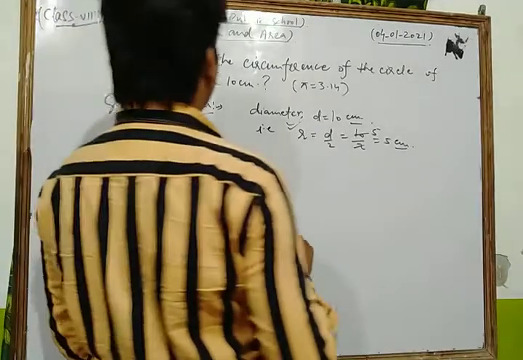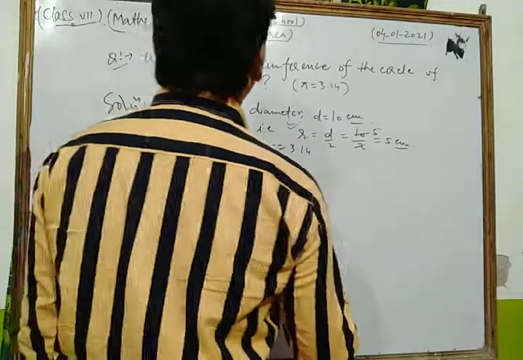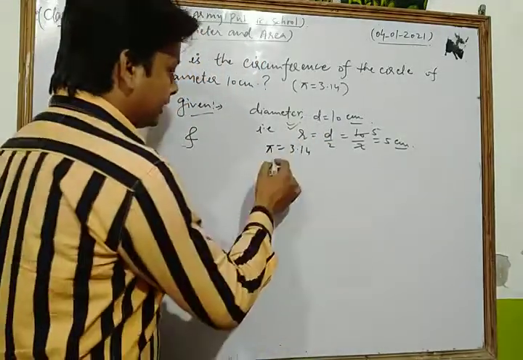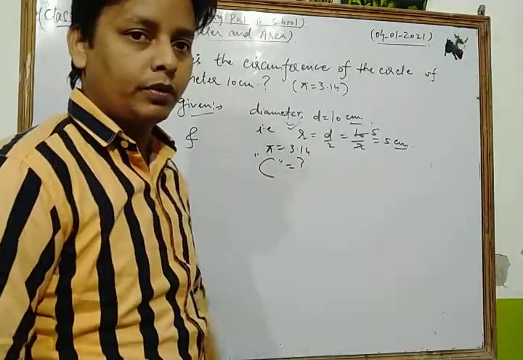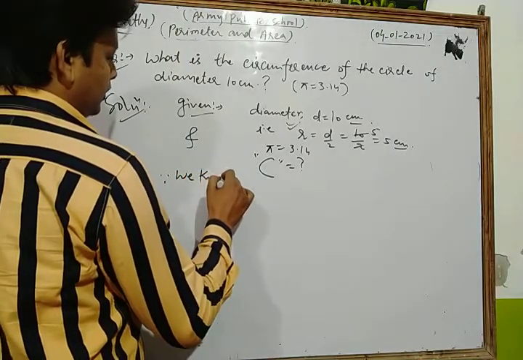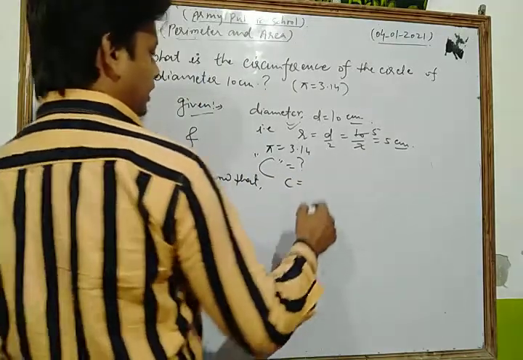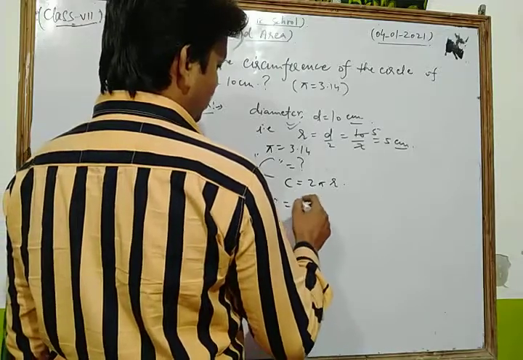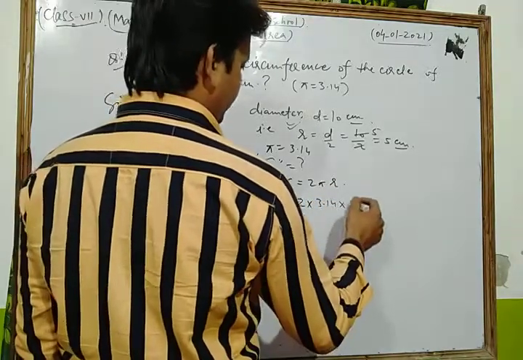Now we take the value of pi as 3.14 and we find the circumference. The circumference of the circle is denoted by the capital letter C. Now we apply the formula: the circumference is given by 2 pi r, that is C is equal to 2 into 3.14 into r, which is 5.